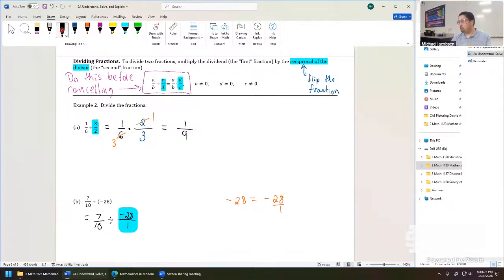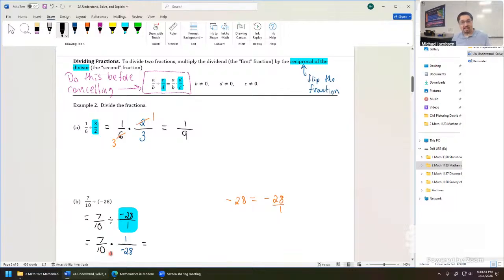So that means this one will become 7/10. Now it's converting to multiply by, take the reciprocal here, or just flip the fraction. The negative sign, turns out you could put it anywhere you like, but I'll just keep it where it is at the moment. We get 1 over -28. And now we're all set up for the next step.